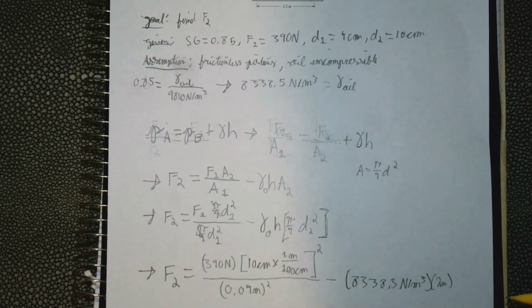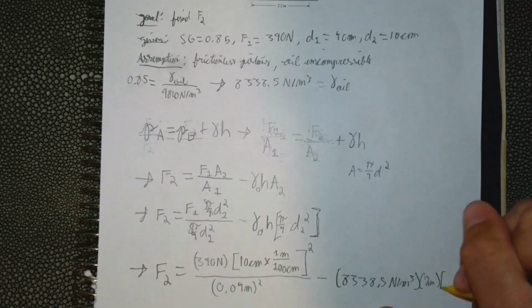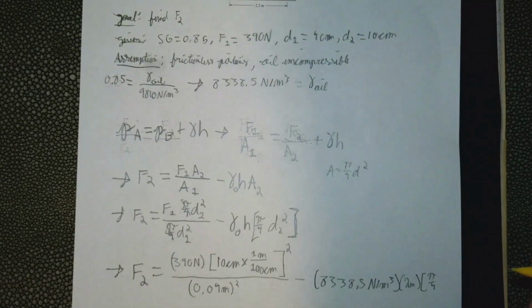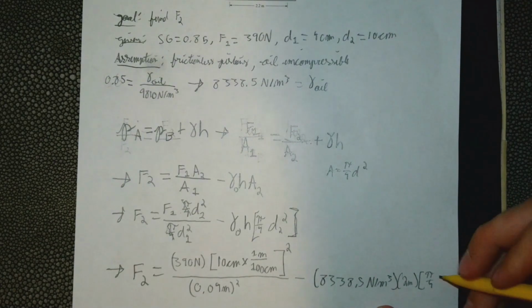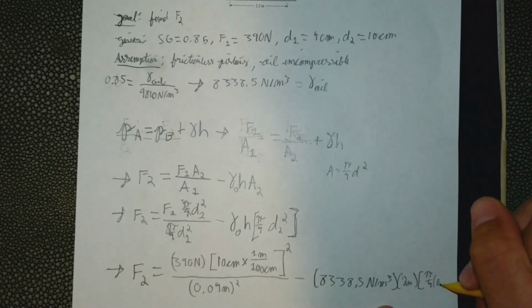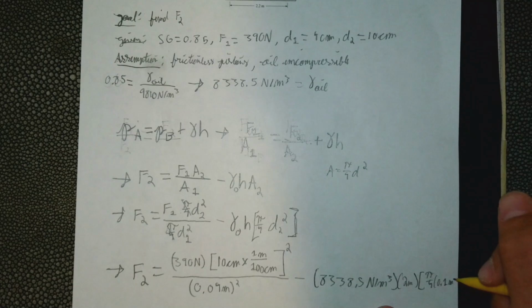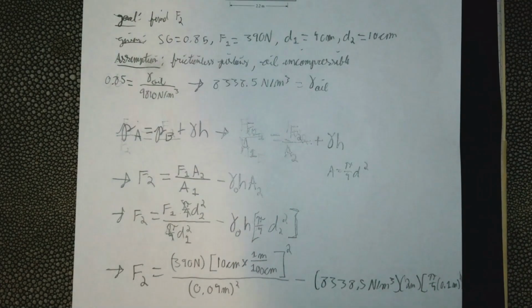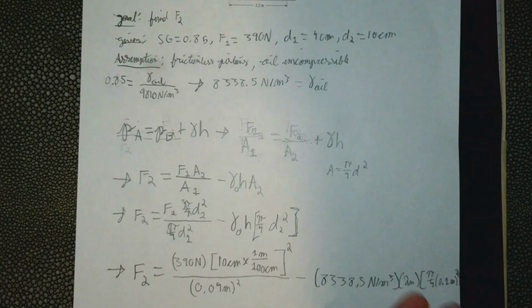times the area, right? Pi over 4, diameter, that's the same as 10 centimeters. I just divided by 100, and then I squared it.